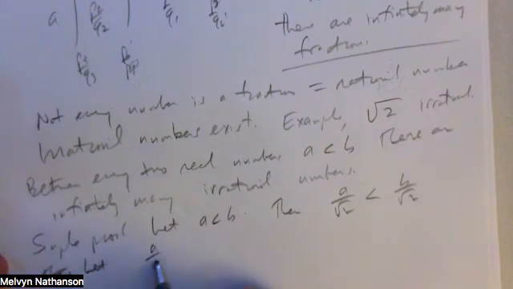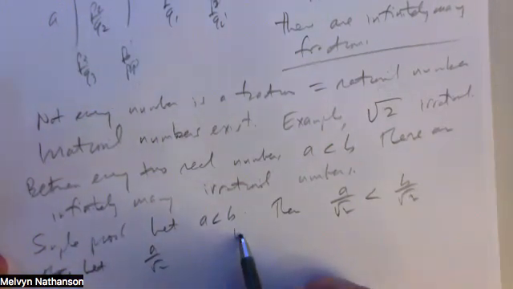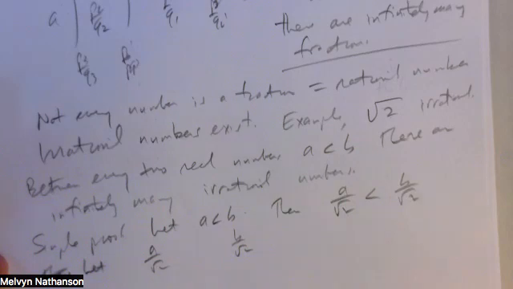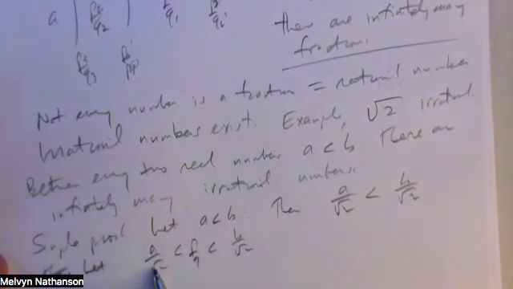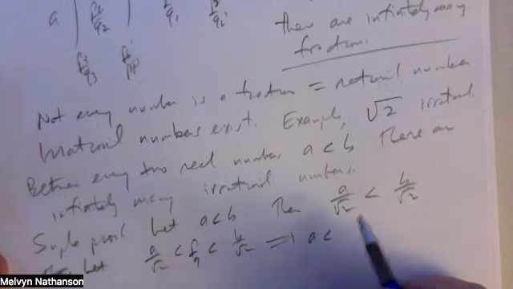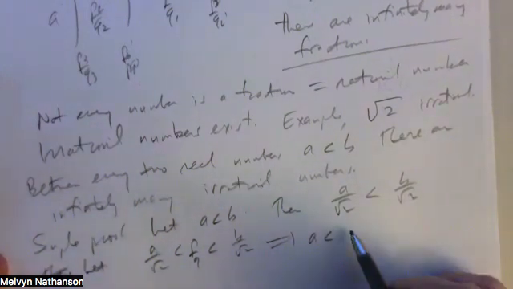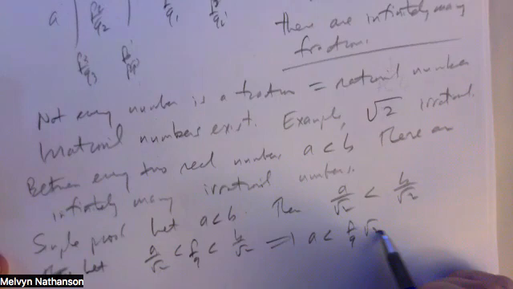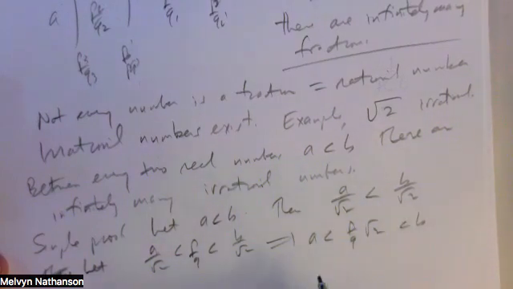Between A over root 2 and B over root 2, there has to be a fraction. So there's some P over Q between them, which means A is less than P over Q times the square root of 2, which is less than B. So between A and B, there's always a rational multiple of the square root of 2.